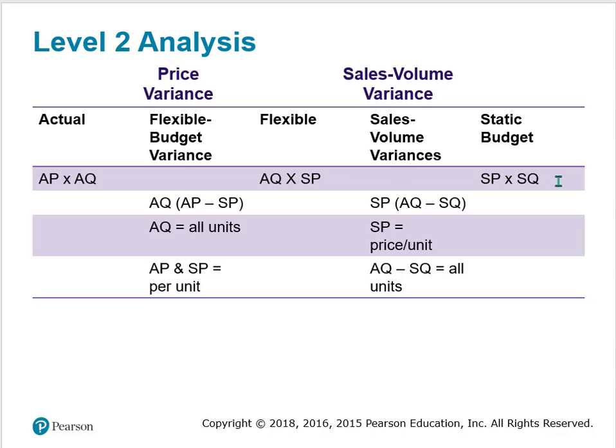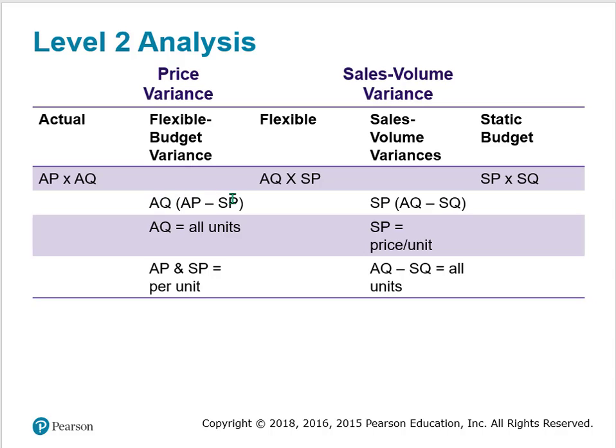So now if we take the difference between actual and flexible, I can take out the common term, actual quantity, and multiply it times actual price minus standard price. Now actual quantity is going to be a big number. These are all of our units.